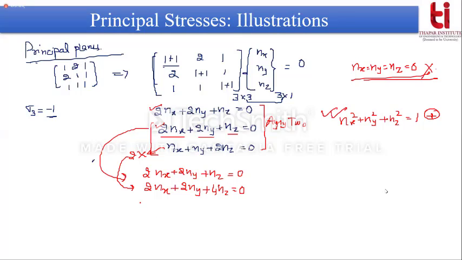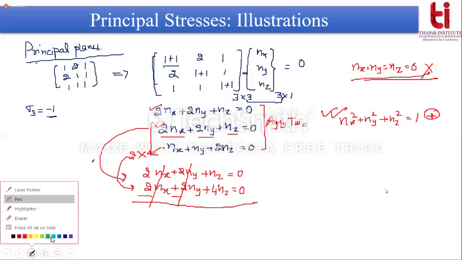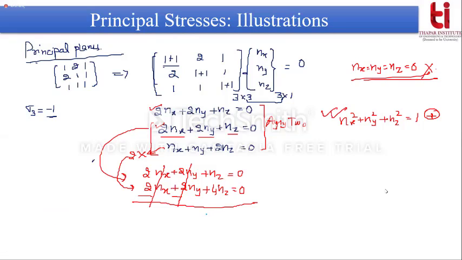Obviously follow the subtraction principle, so they can be cancelled out. So this will be minus 3nz is equal to 0. Now this gives us directly that nz is equal to 0.